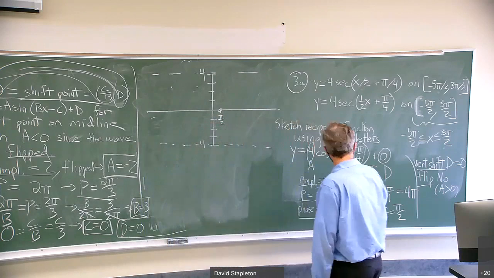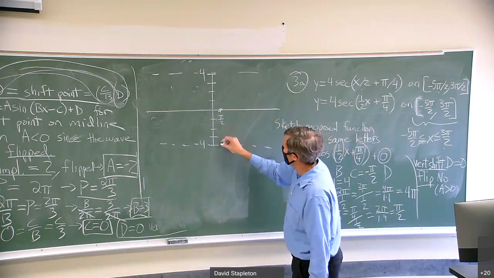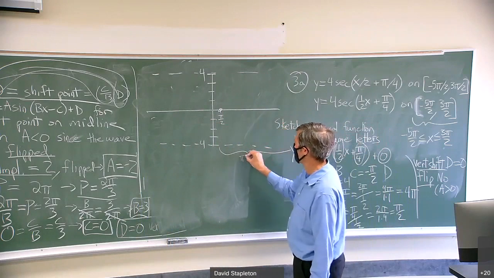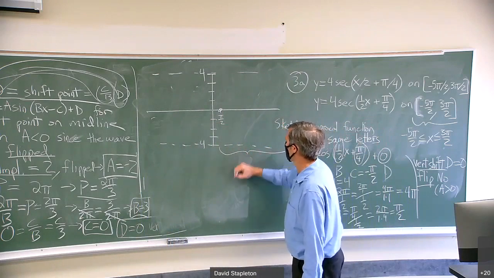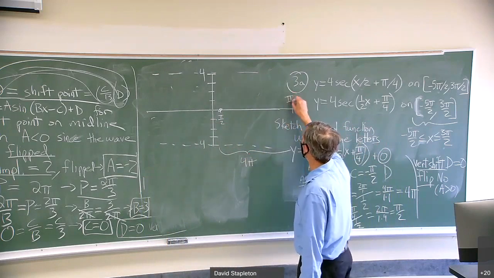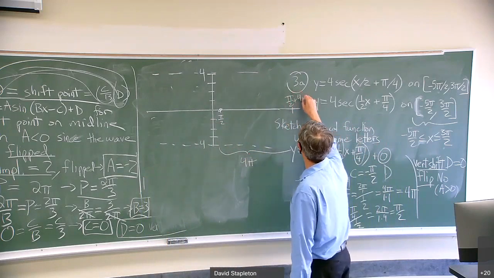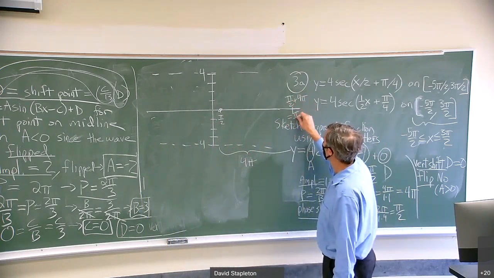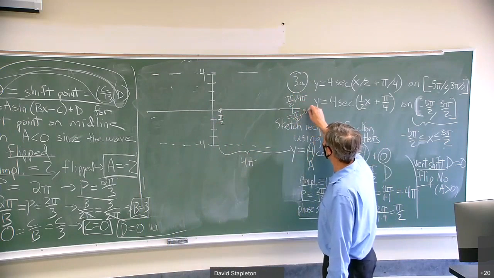Then I notice the period is 4 pi, so I add 4 pi to this one, coming out here from pi over 2. Well, this is 4 pi length. Come out here to the point at pi over 2 plus 4 pi. We can figure that one, right? This is pi over 2 plus 8 pi over 2.